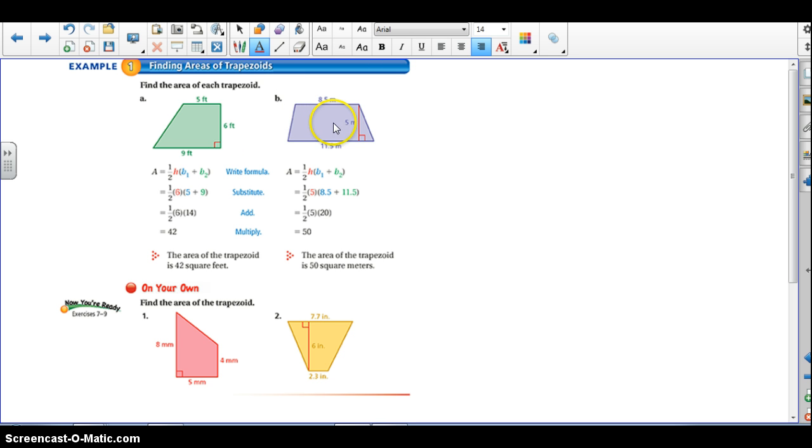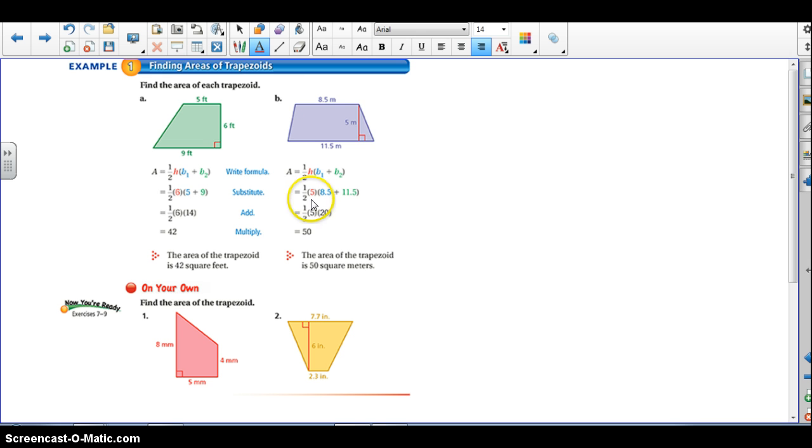All right, B, a different shape of a trapezoid. You have 1/2 the height, and notice the height from one base to another. You're breaking it into another shape. In parentheses is base 1, base 2 added together.